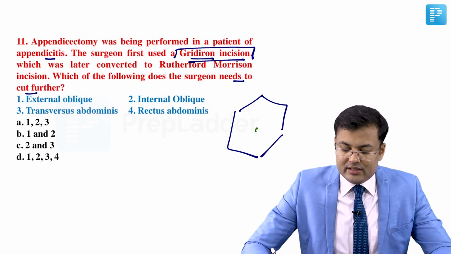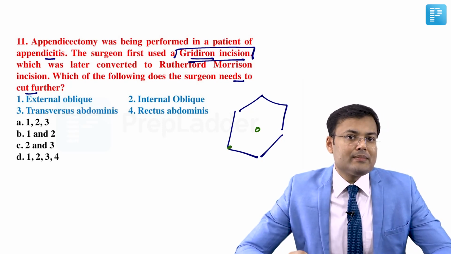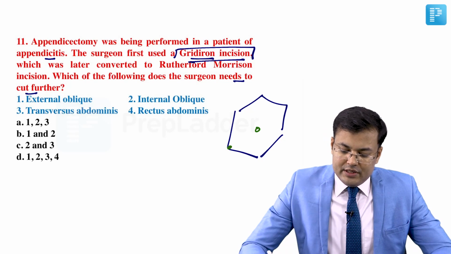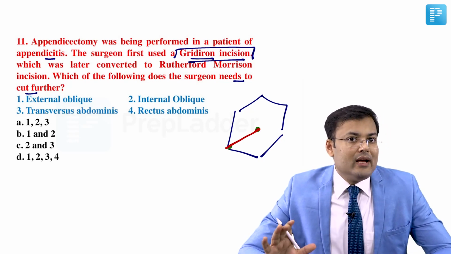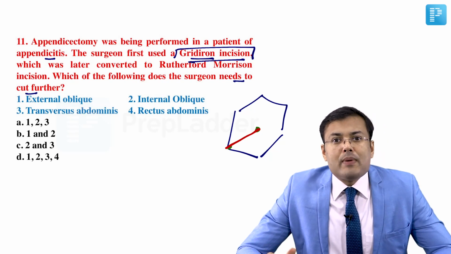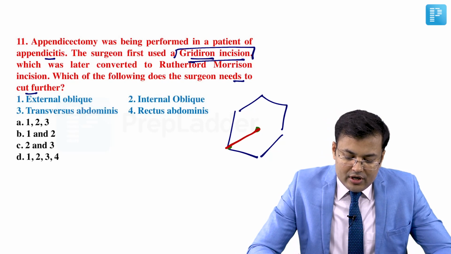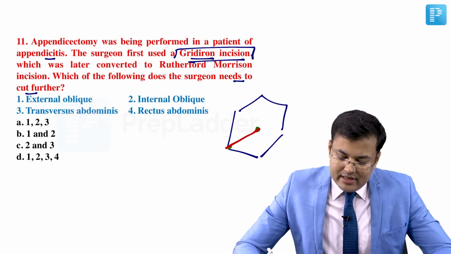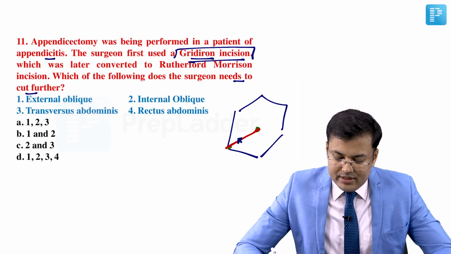You know, this is the umbilicus and this is the anterior superior iliac spine. Whenever we join the umbilicus to the anterior superior iliac spine, this line is known as the spino-umbilical line. On this line, at the junction of lateral 1/3 and medial 2/3, this point is known as McBurney's point.